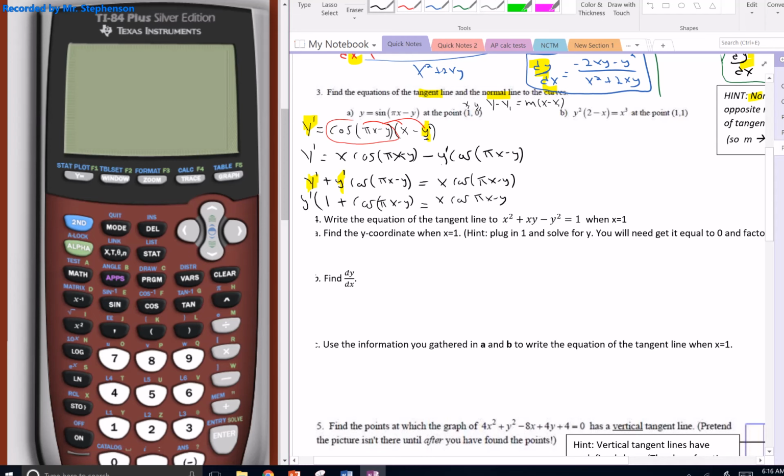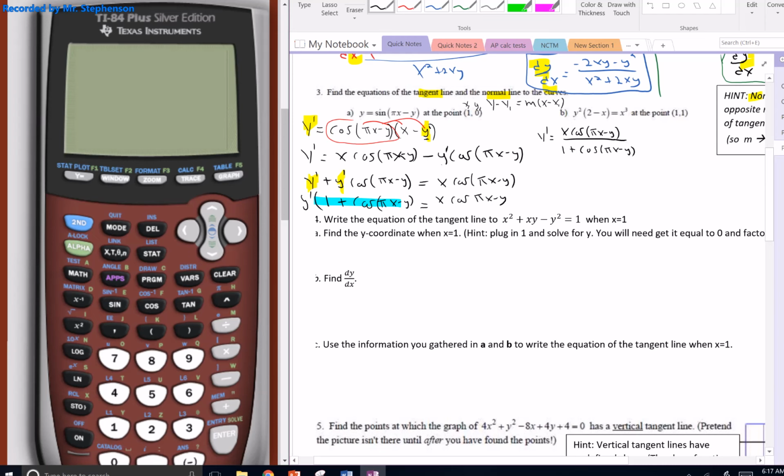And you divide both sides by this guy to give us y' = x cos(πx − y) over 1 + cos(πx − y).